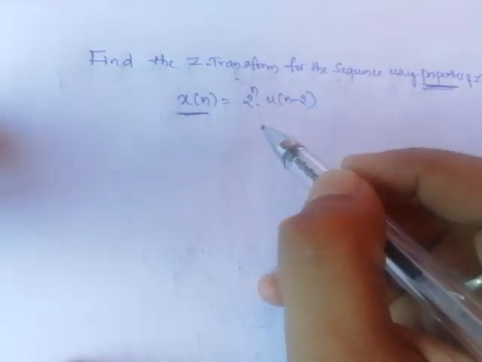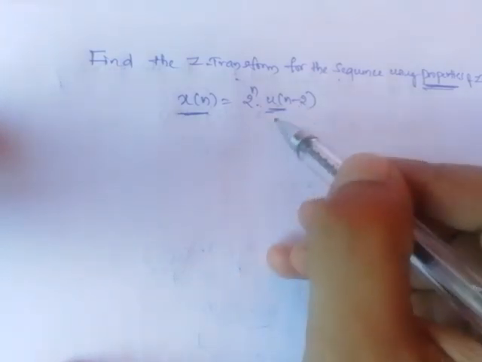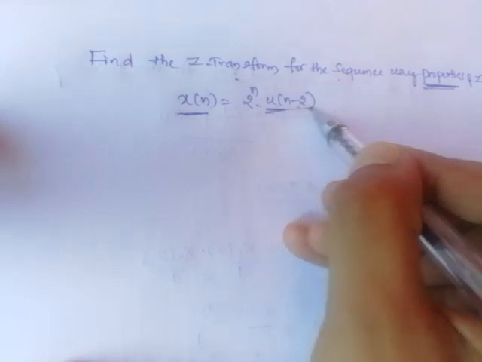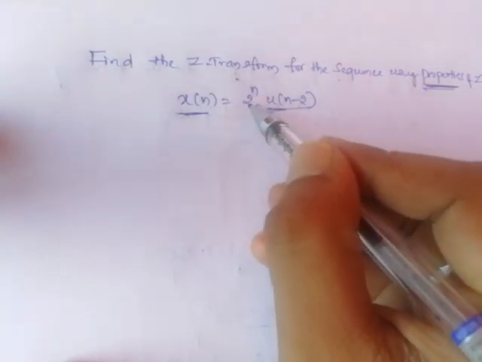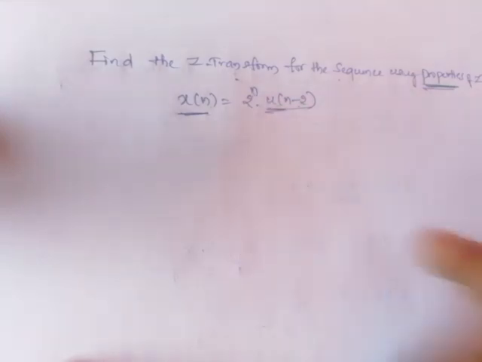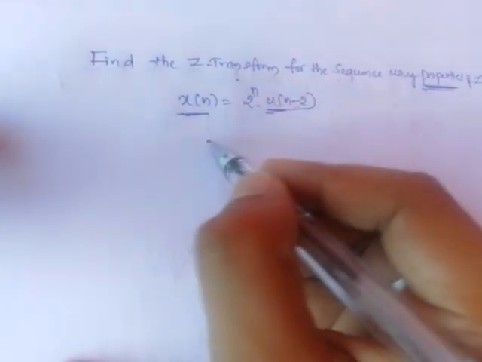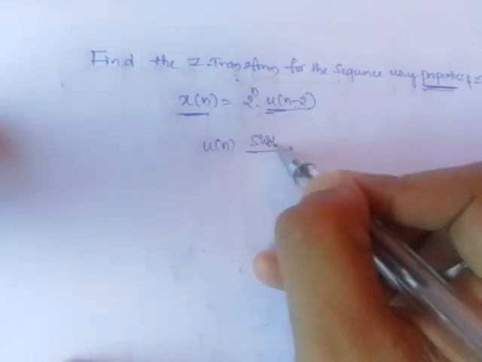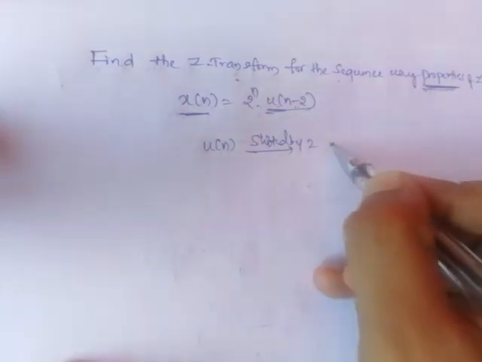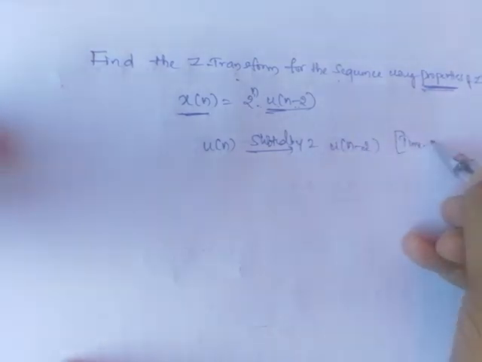Here we have two operations. u of n is shifted by 2, and the sequence is multiplied by 2 to the power n. So we are making use of two properties here. First, the time shift property: u of n is shifted by 2, and we get u of n minus 2.